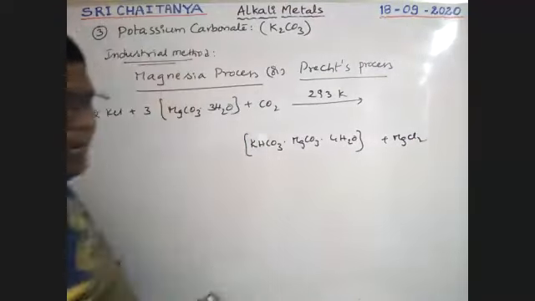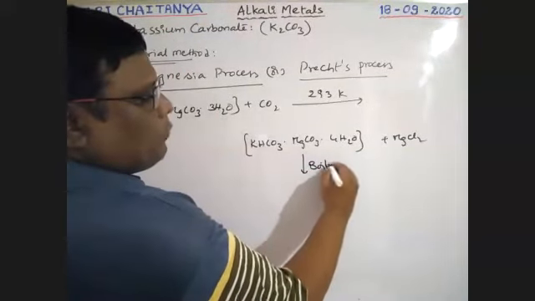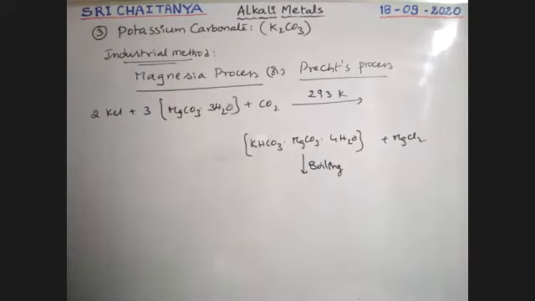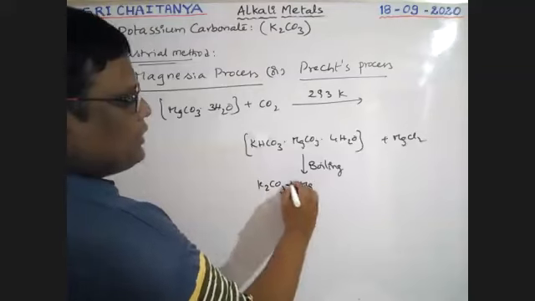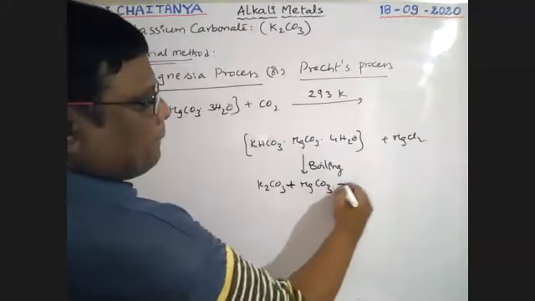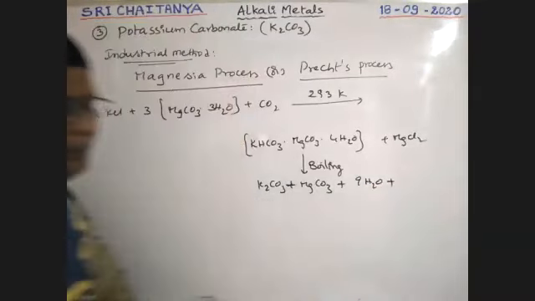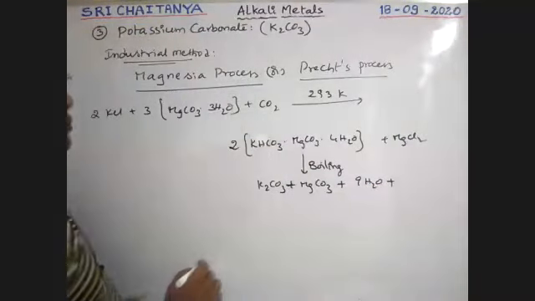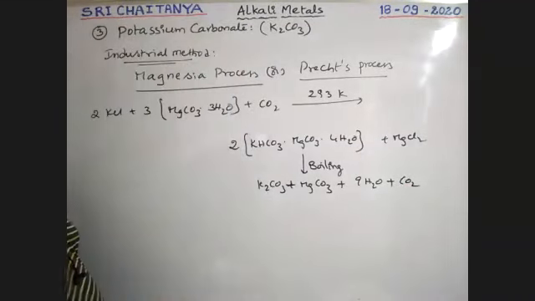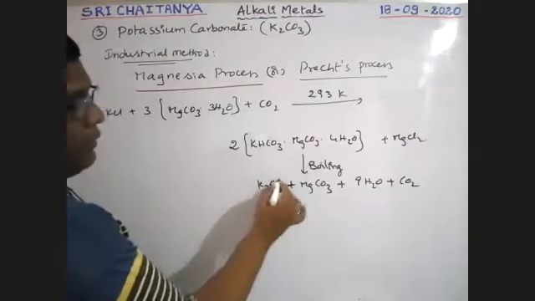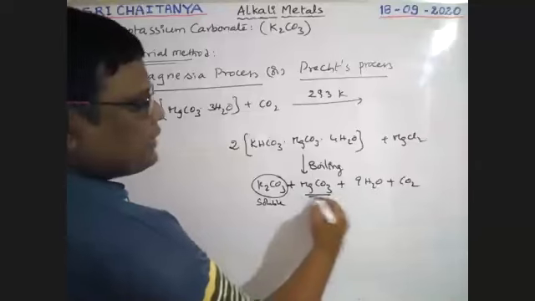This formed additional compound is boiled, so it breaks down into the respective compounds, that is K2CO3 plus MgCO3 plus 9 water molecules plus CO2 are the products. During boiling, this K2CO3 is soluble in water and the MgCO3 is insoluble.